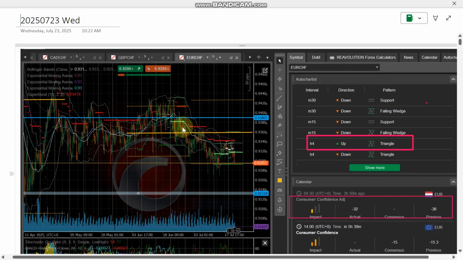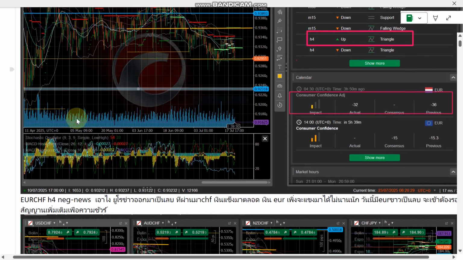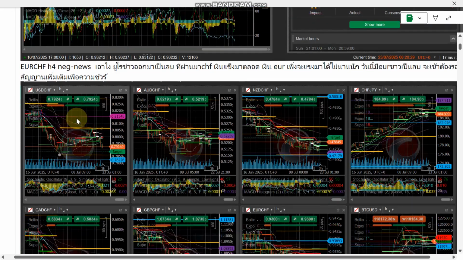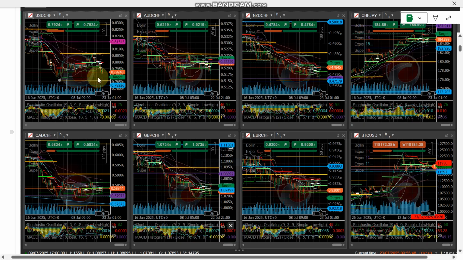Euro Swiss franc in the daily block below the bottom side. US Swiss franc, all this is Swiss franc sequence in 4 hours, and this time I make it smaller so I can see the detail. Where are they?